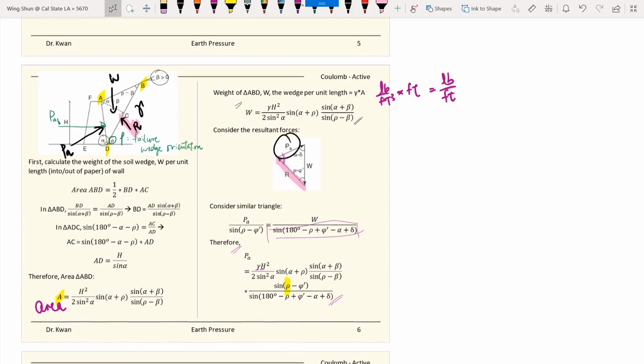So mathematically, we want to solve for this value here, while the other parameters that we mentioned, like the height of the wall, the unit weight of the soils, and the slope of the backfill, are physical parameters that you can change, right?